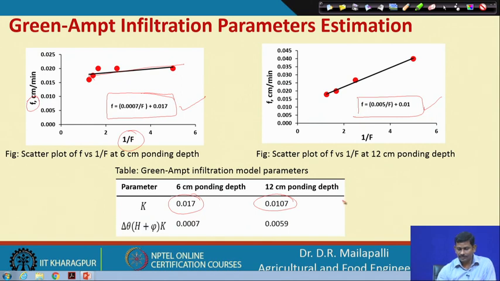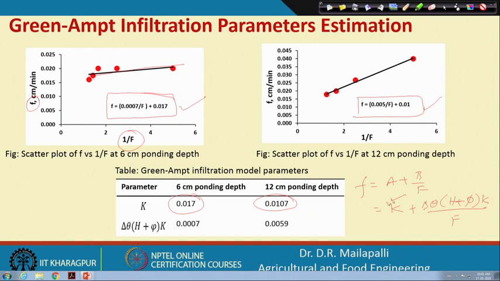Once you have the k value, if you remember the equation, f is equal to a plus b by f, where a is equal to k, and b is delta theta into h plus psi, into k, divided by f. So, the k value is known now.